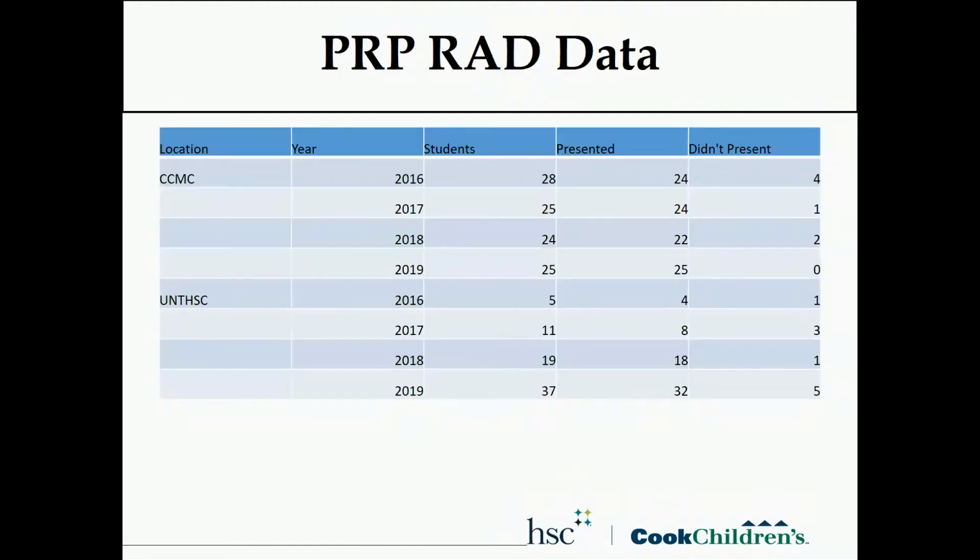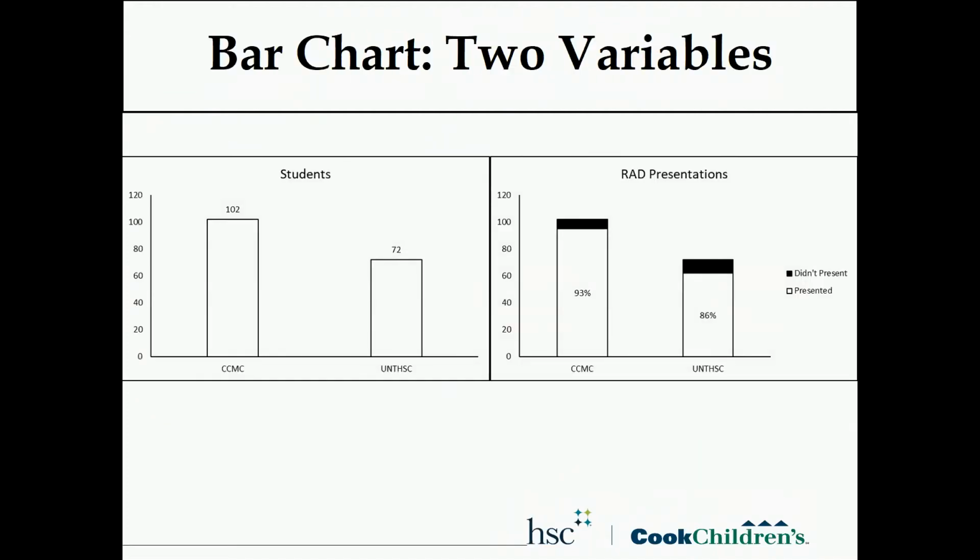All right, and then you can also do data visualization for categorical variables. For this, I've looked at my pediatric research program, so the students who were at Cook Children's and UNT over the years. And I've got the number of students who presented and didn't present a poster at Research Appreciation Day. The first one is not too interesting because all I've done is graph the total number of students who went through Cook Children's and then went through UNT as well.